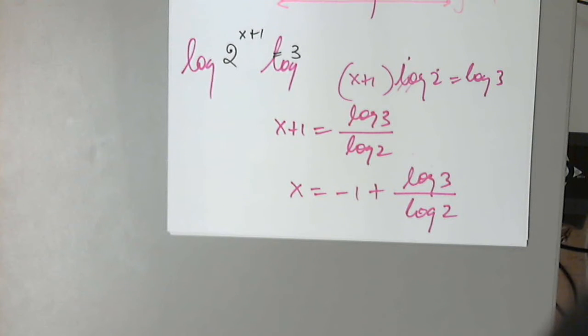So this was -1 plus log 3 divided by log 2. And I get a number, whatever that is. So I raise 2 to the power, in parentheses, the previous answer plus 1, close the parenthesis.